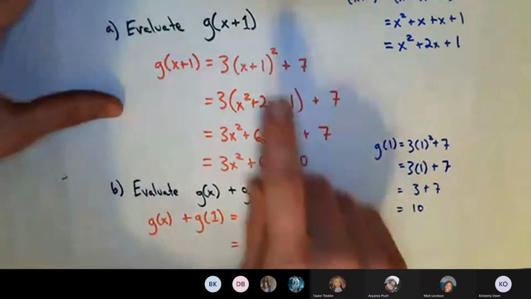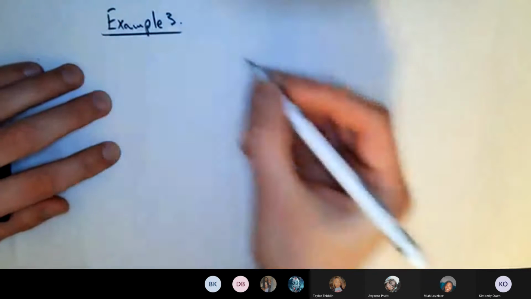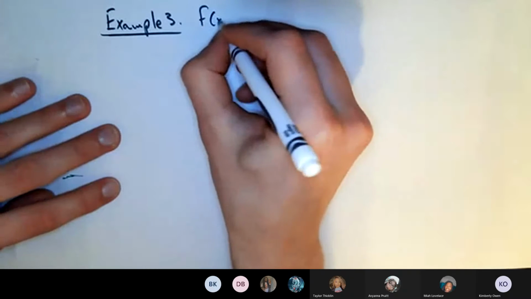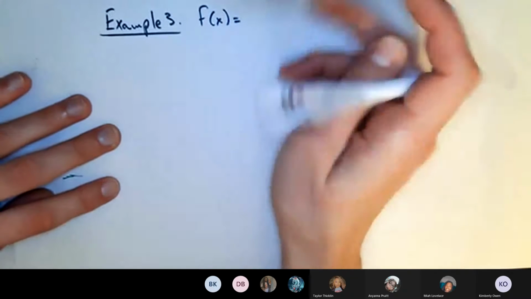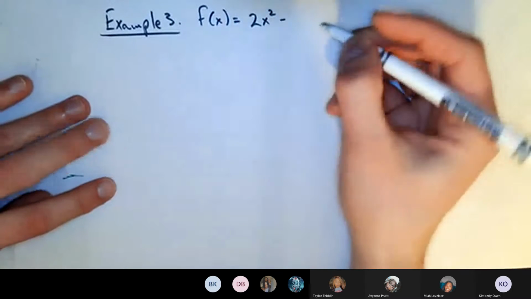Now, with that being said, let's do another one like that for practice. So I'll call it example 3. And what's really tricky about this, I feel like, is that the functions have squared stuff in them, right? So I'm going to pick another one like that. Let's say 2x squared minus.